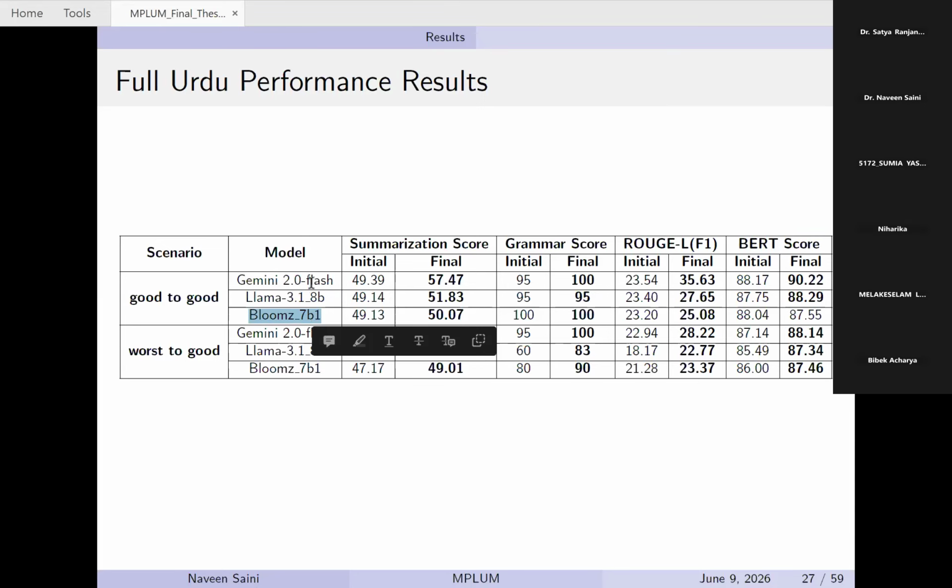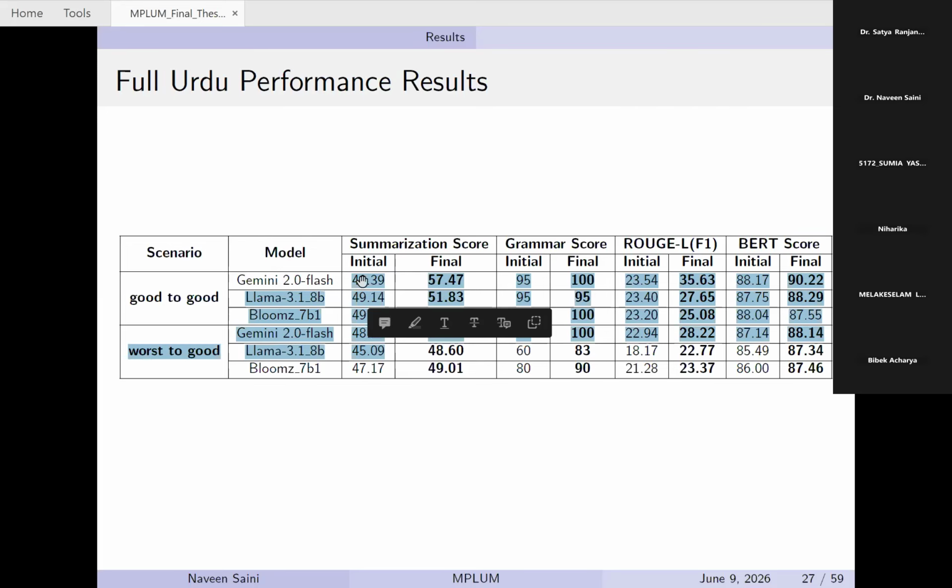Again here you can see the summarization score. The initial scores were 49.14, 49.13. All are increased, ranging from 48 to 57. Similarly, the grammatical score is also improved, the Rouge score is also improved, and similarly the BERT score.